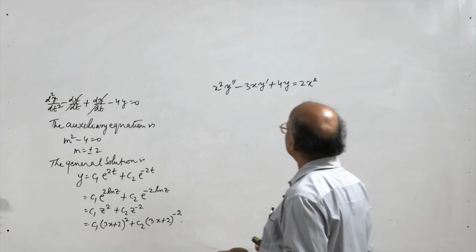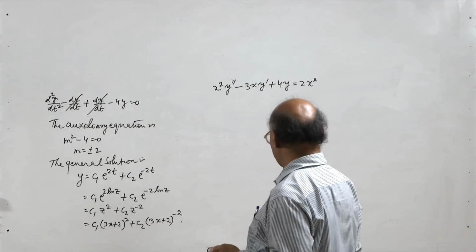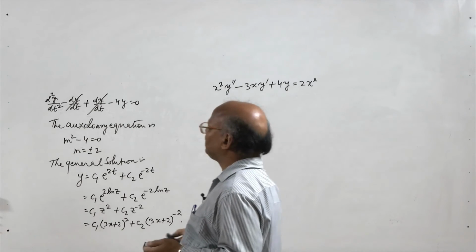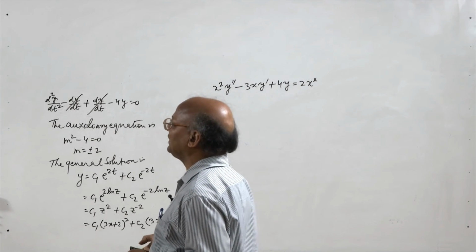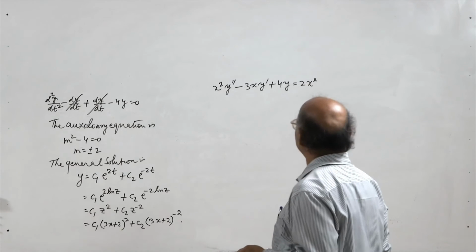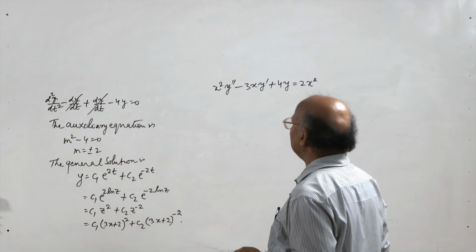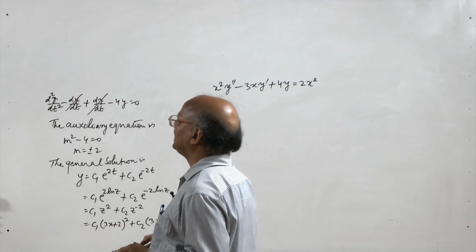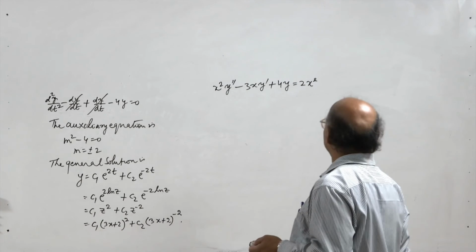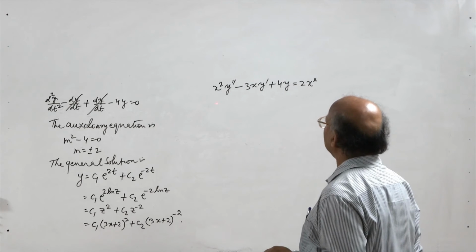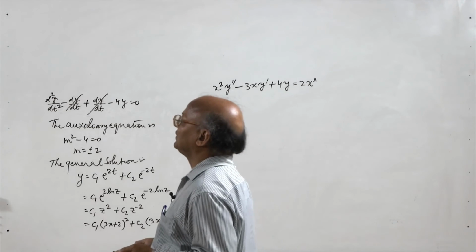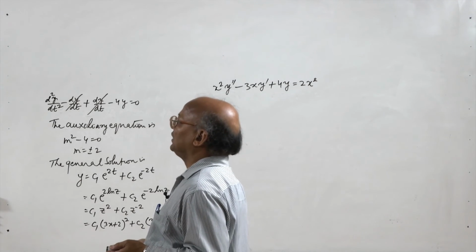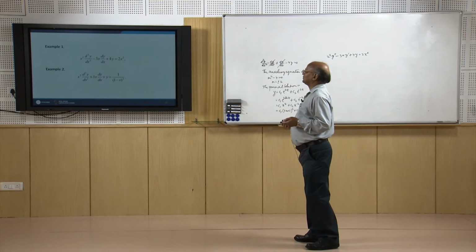When we solve a Cauchy Euler equation in the non-homogeneous form, the method where we put x equal to e to the power z is applicable here, but the other method where we put y equal to x to the power m is not applicable here, because y equal to x to the power m does not reduce the Cauchy Euler equation into a linear differential equation with constant coefficients.